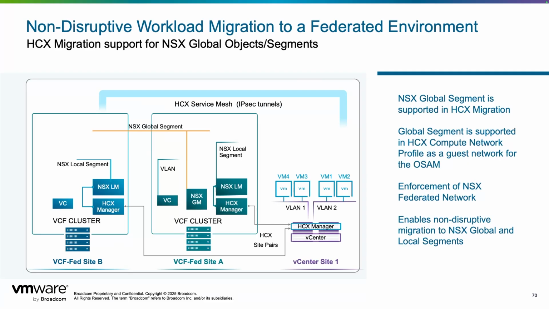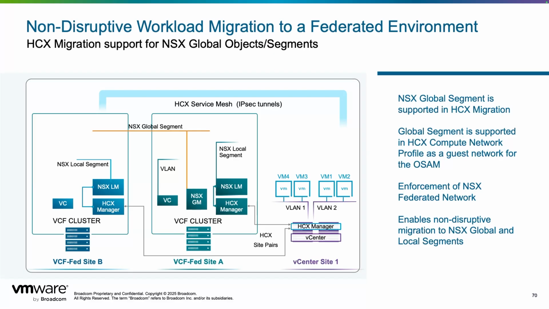Furthermore, if HCX detects that an NSX environment with an existing network extension has been incorporated into your NSX Federation, HCX will proactively disable any and all network extensions associated with that now federated local manager in NSX.